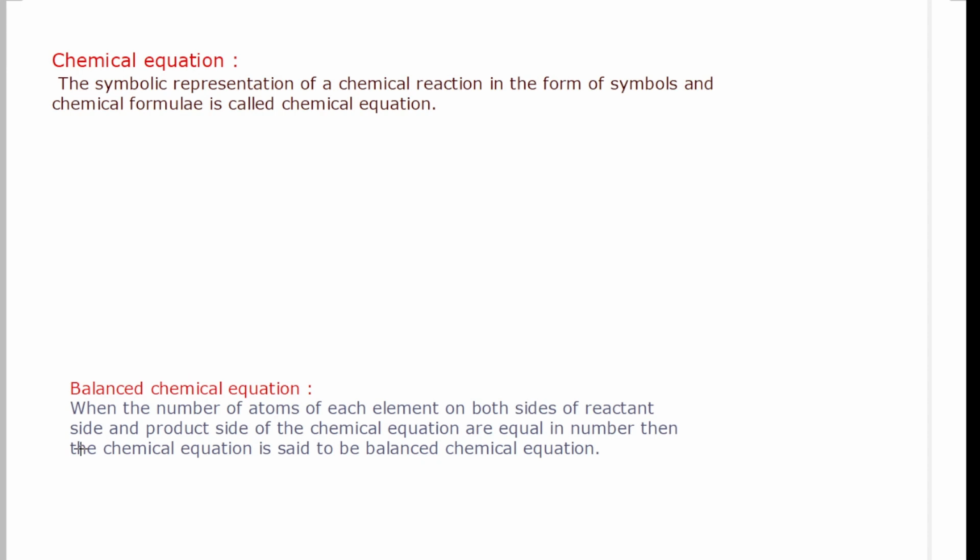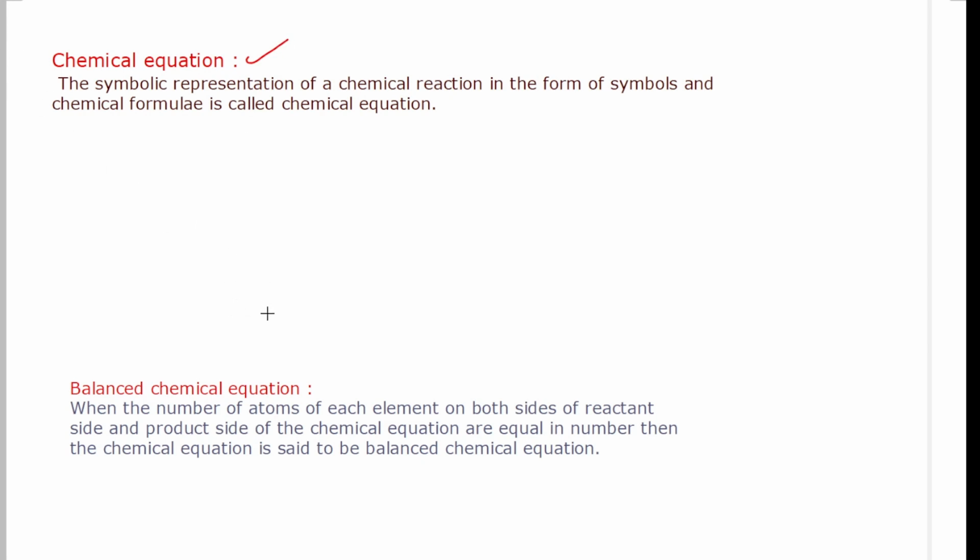Then, my dear students, understand that there are various chemical reactions which take place in our daily life. We cannot always make a lengthy description of these chemical reactions. The best method to represent a chemical reaction is in the form of a chemical equation.